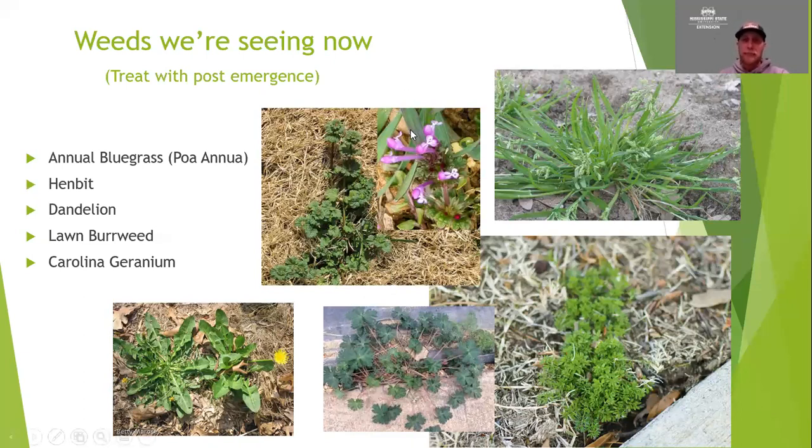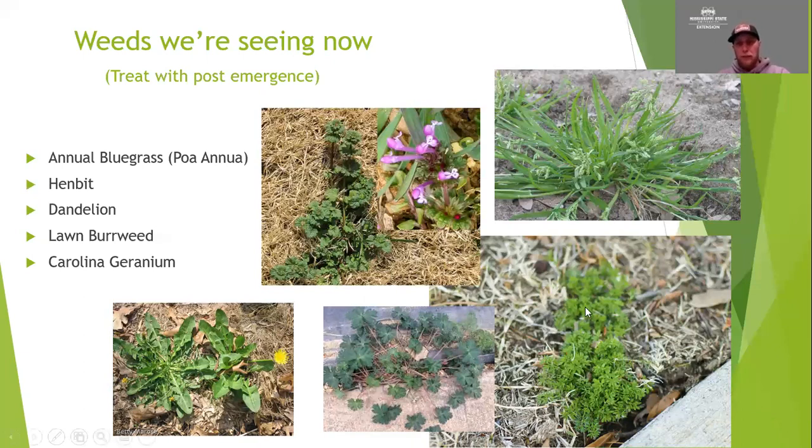Once it gets this big, it's kind of tough to kill. It's putting all of its energy into flowering. So you're probably about a month late on really getting a good control over that with the post-emergent herbicide.